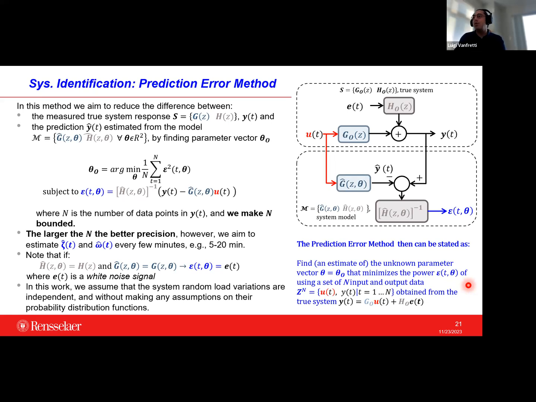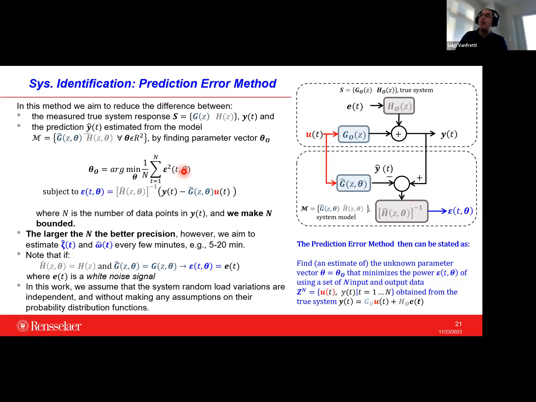So the technique that we will use is the prediction error method, which I assume many of you are familiar with. So basically what we want to do is to find this parameter vector theta 0 by minimizing this error, which is the prediction error over here, E theta.